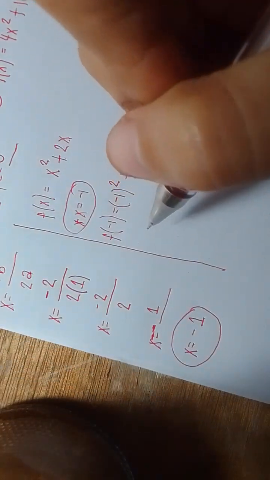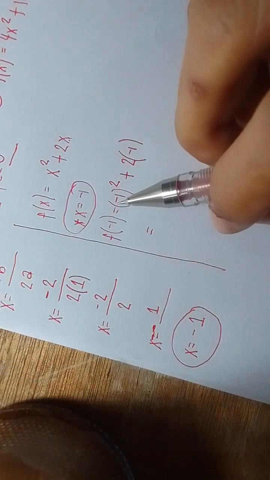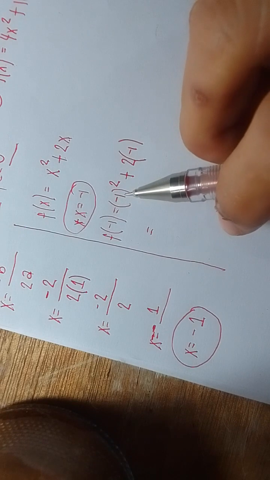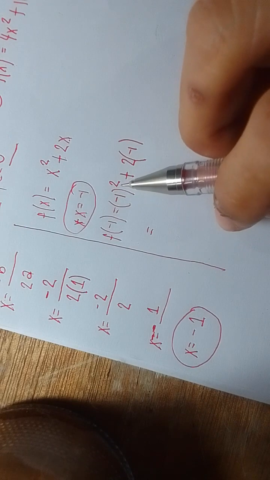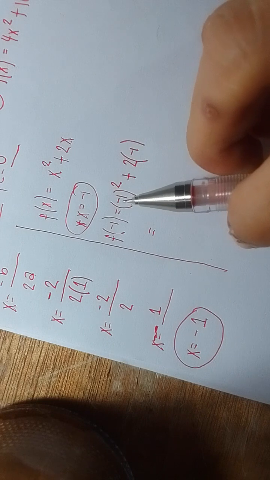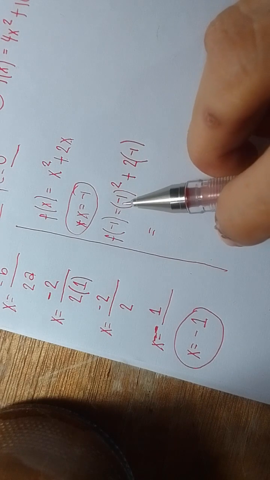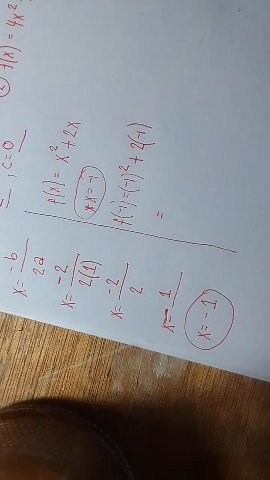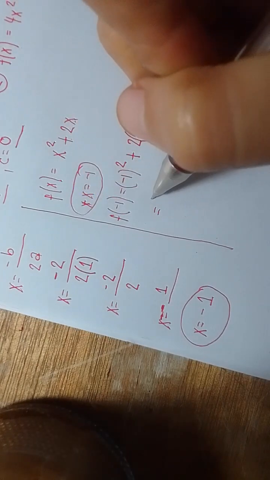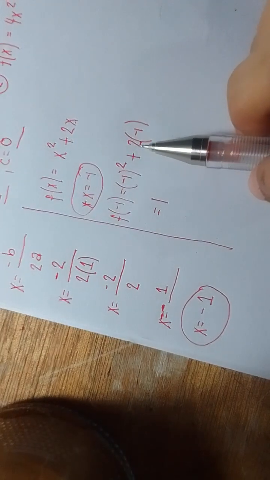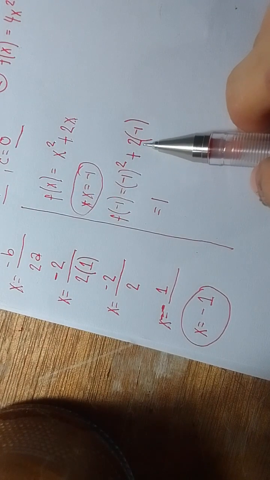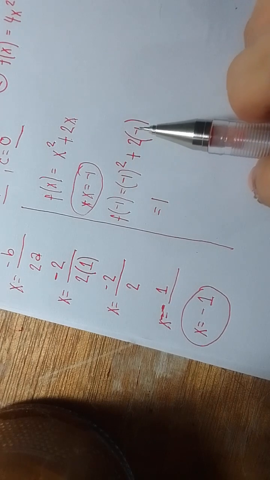Now, we will simplify. Negative 1 to the power of 2, let us take it one by one. That is actually negative times negative, positive. 1 times 1, because it is multiplied by itself, that is 1. Next, for the next term, there are 2 values to multiply.